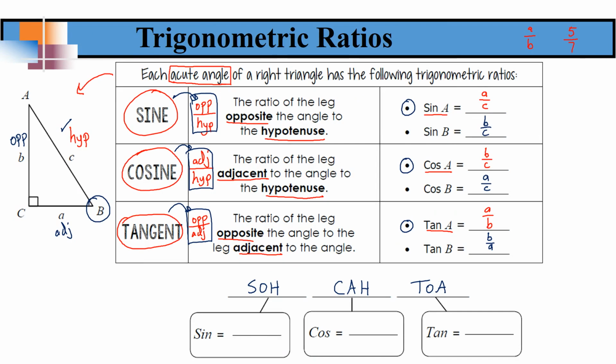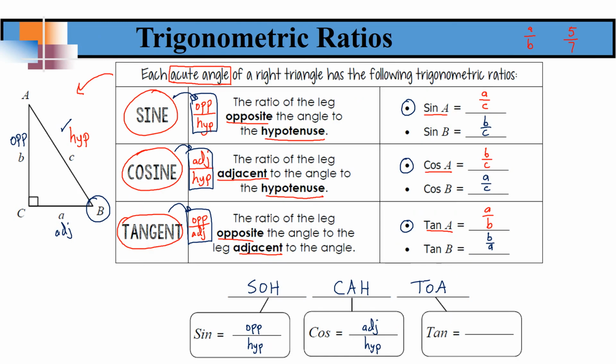Seems like just nonsense words, but they actually stand for something. The S stands for sine, the O and the H stand for opposite over hypotenuse. So means sine of an angle equals opposite over hypotenuse. Likewise, C stands for cosine, A stands for adjacent, and H stands for hypotenuse. So ka means cosine equals adjacent over hypotenuse.